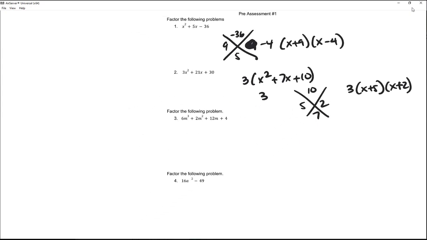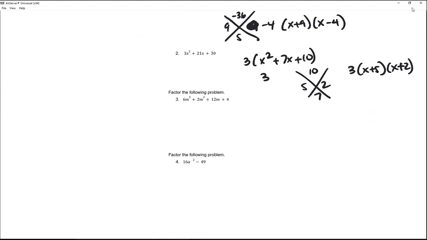3, I believe you can factor out a 2 first, but let's just group it because there are 4 terms. So this is 2m, and then this is what, 3m plus 1, and then plus 4, and then 3m plus 1. So this will be 2m plus 4.